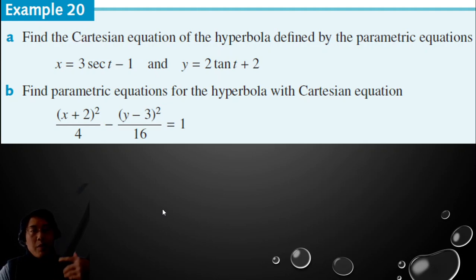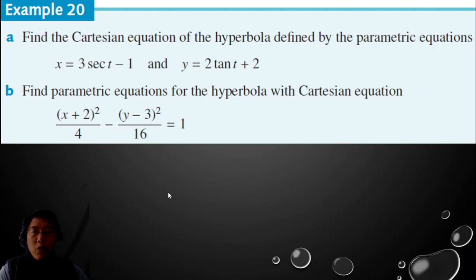We can do the same again. It's a little bit repetitive, but this time it is for a hyperbola. As a hyperbola, the x will have a sec of t. A reminder, sec is the reciprocal of cos, so it's 1 over cos, and the y is going to be tangent. Now you're not going to use the Pythagorean identity, you're going to use the other identity, which is 1 plus tangent squared equals sec squared.